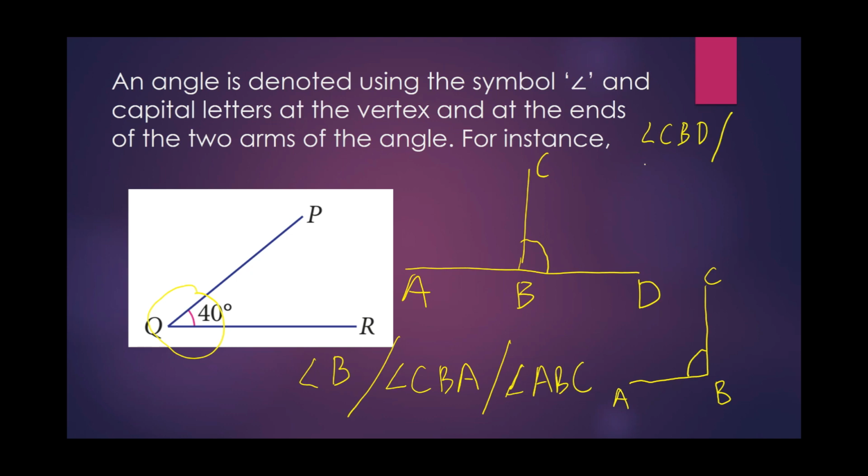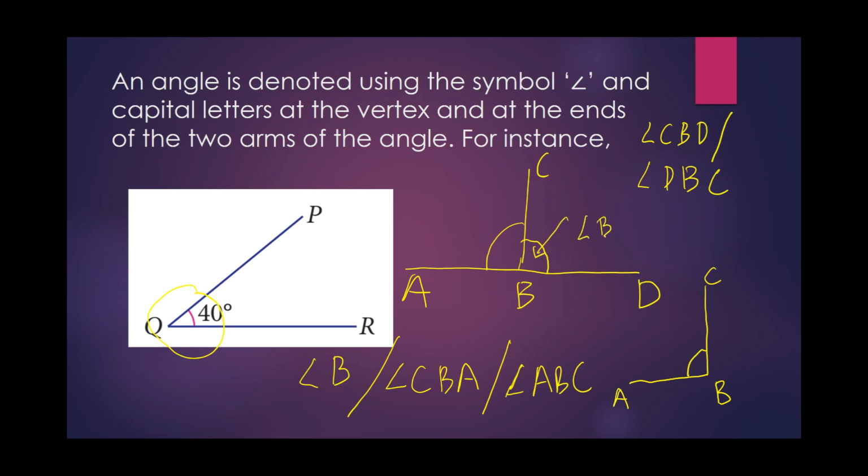Any more? Angle B. Okay, so this is the confusion part. We cannot say that it's angle B. Why? Because there are two angles here at B. So when you say angle B, it could be this angle, it could be the angle on the right. So for this kind of diagram, we don't name the angle using angle B. That is not correct because there are two angles on both sides.